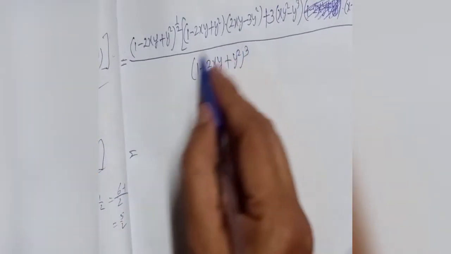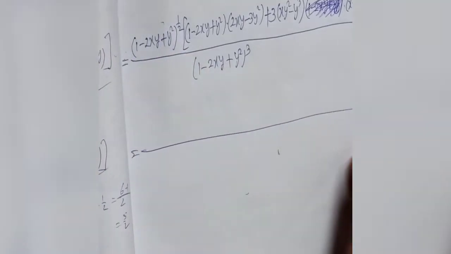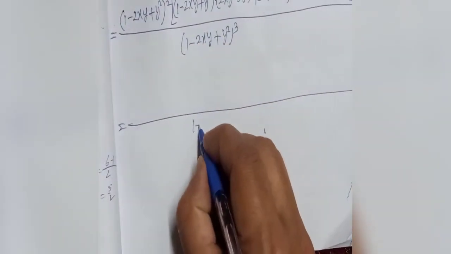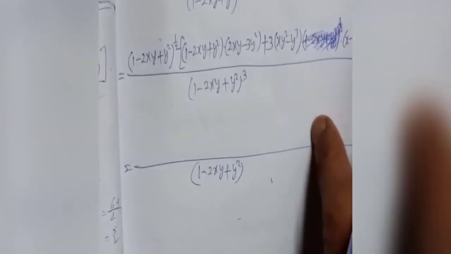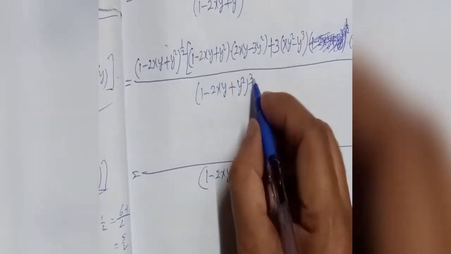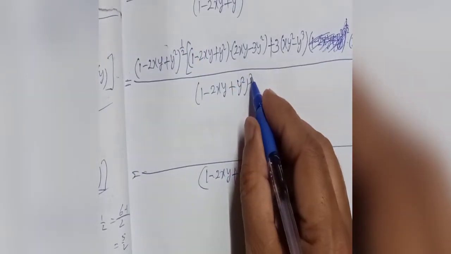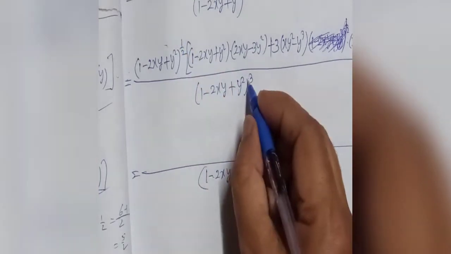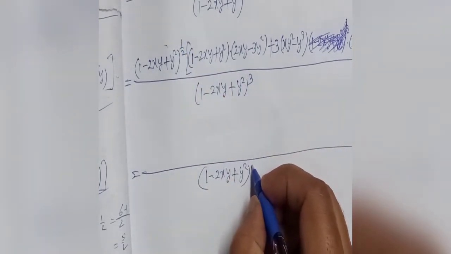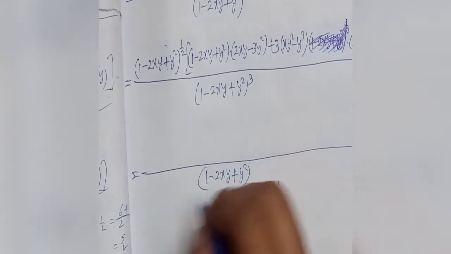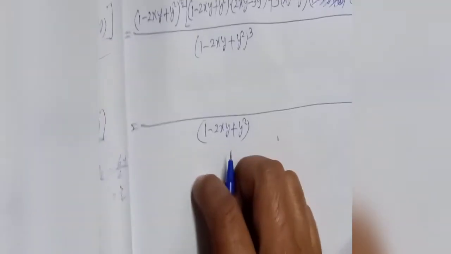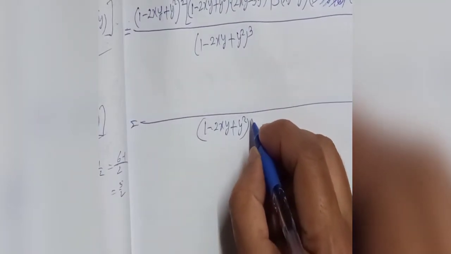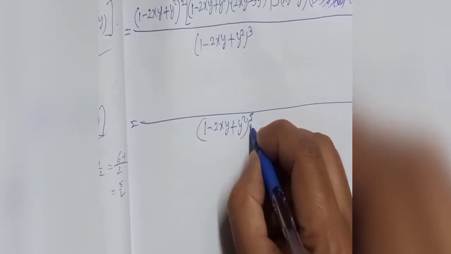Collecting these factors, because 1 − 2xy + y² is the same base, we can subtract 1/2 from 3 and write it in the denominator, because the 3, which is greater than 1/2, is present in the denominator. So I write the remaining degree of this bracket in the denominator. 3 minus 1/2 equals 2.5, which is equal to 5/2.